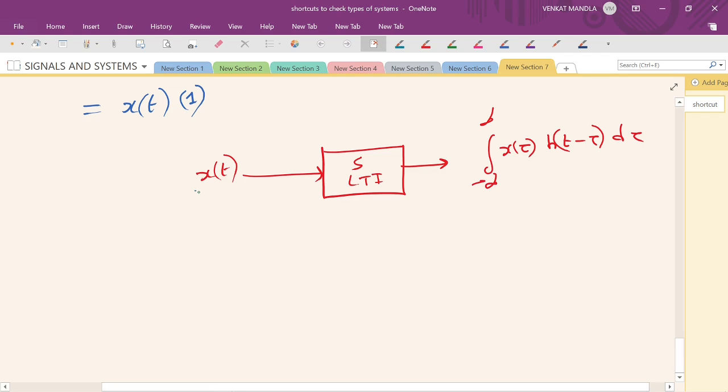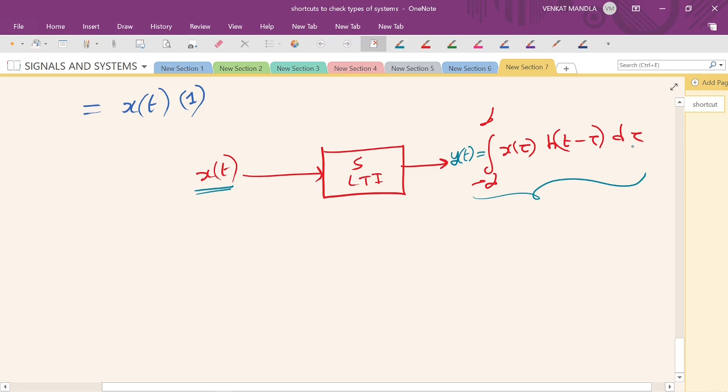This is any arbitrary signal. If I give any arbitrary signal at the input, I can calculate the output, let us say y of t, from this formula.